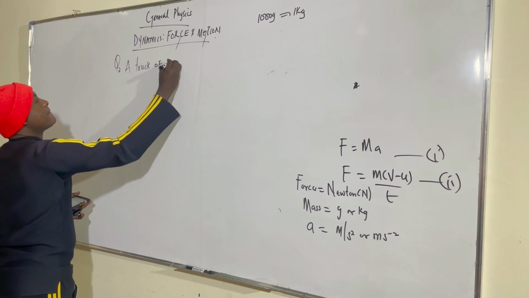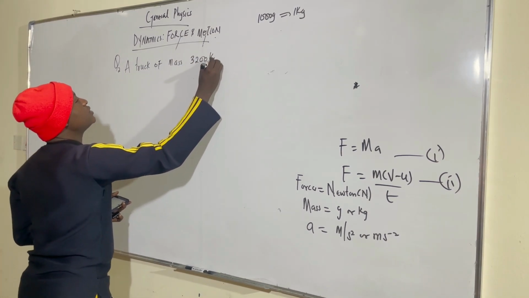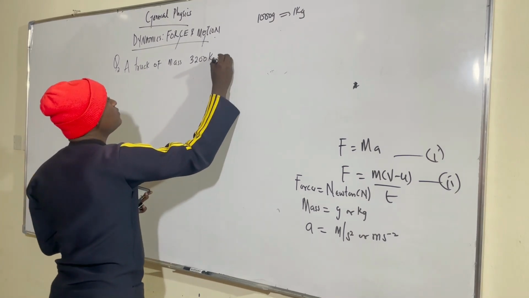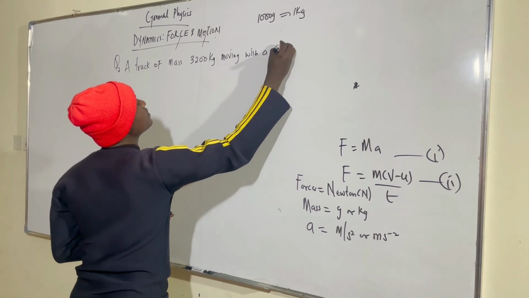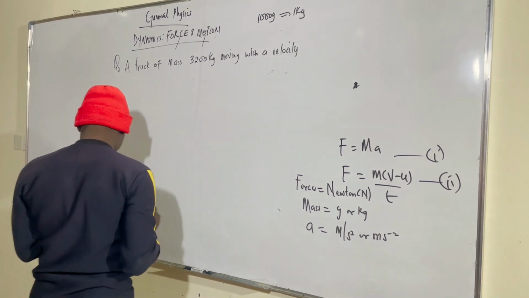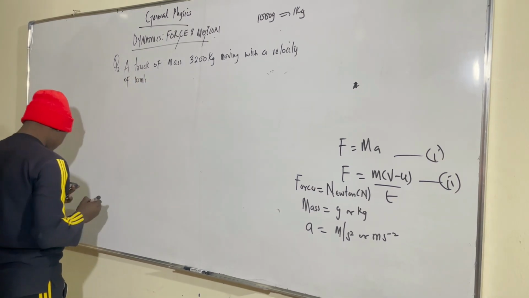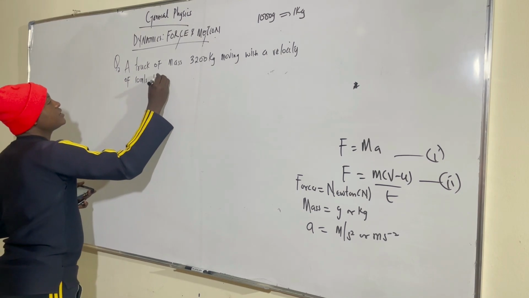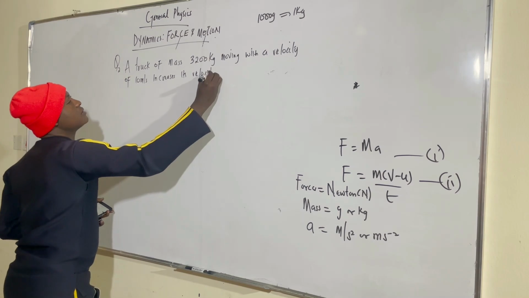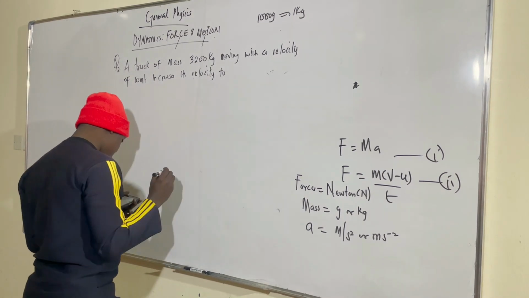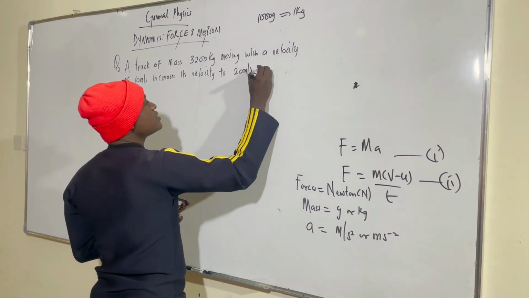A truck of mass 3,200 kilogram moving with a velocity of 10 meter per second increases its velocity to 20 meter per second in 5 seconds.